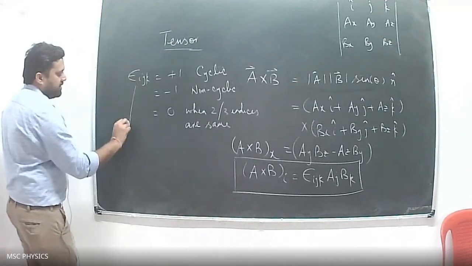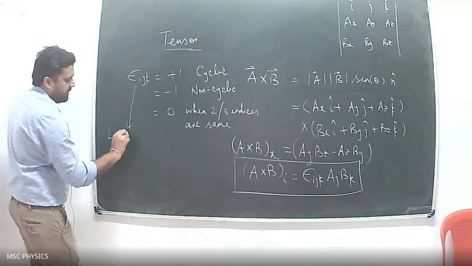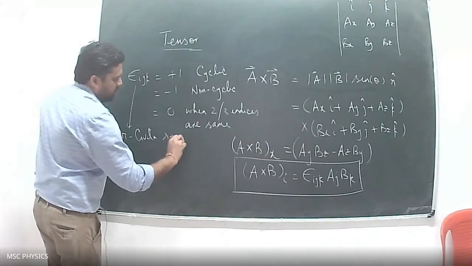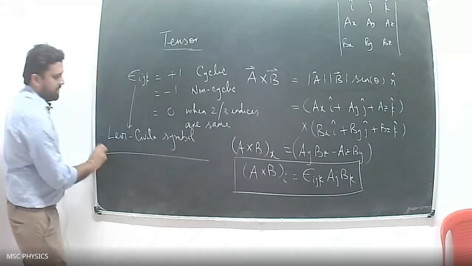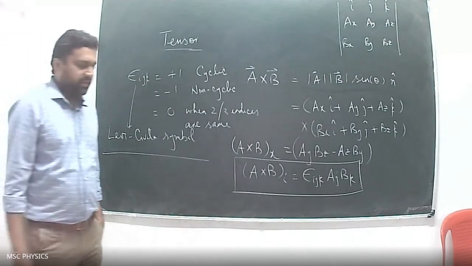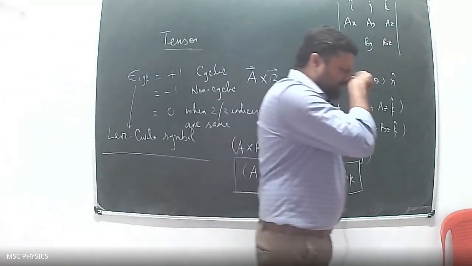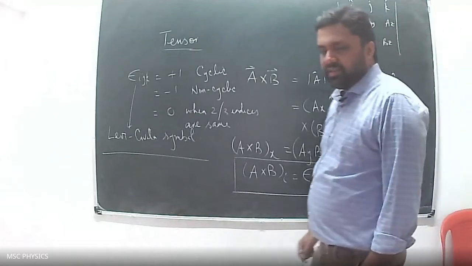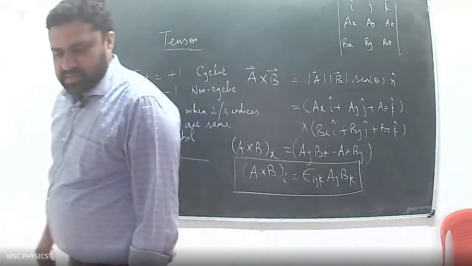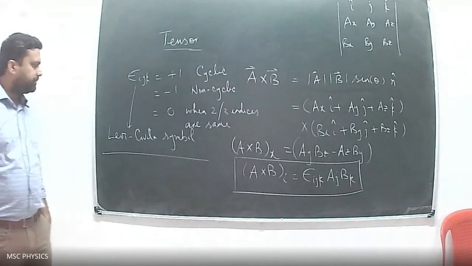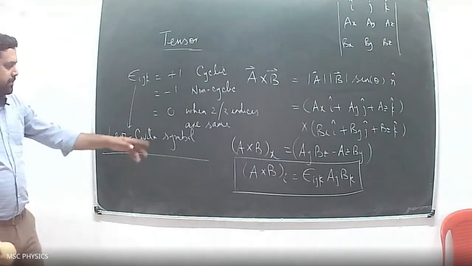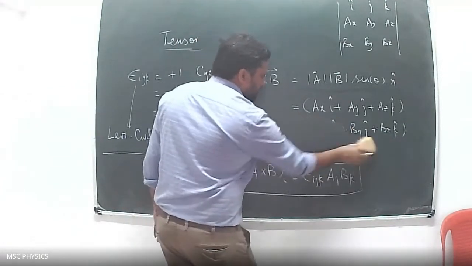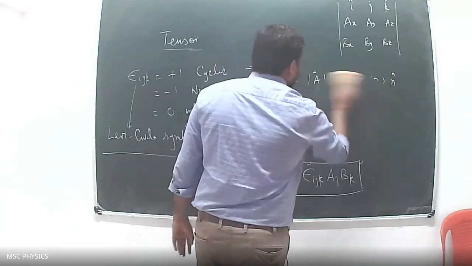This is known as the Levi-Civita symbol. And from here, I would like to introduce you to tensors and coordinate transformations, etc. So using this property, I can write down this cross product very easily now. I don't have to use the determinant.